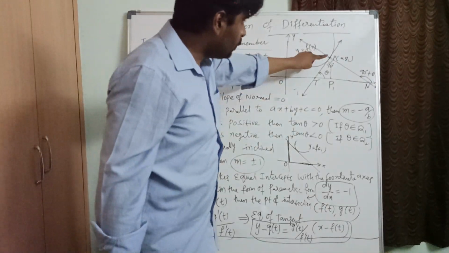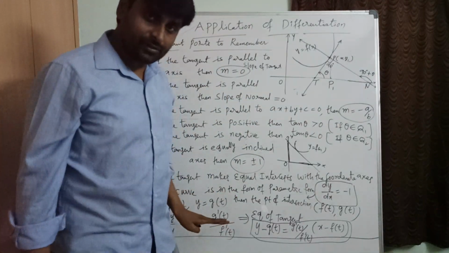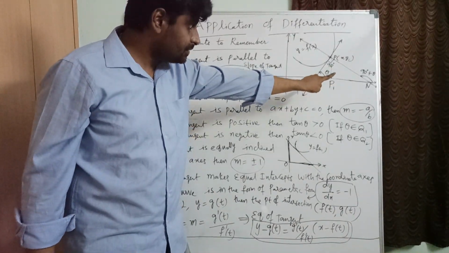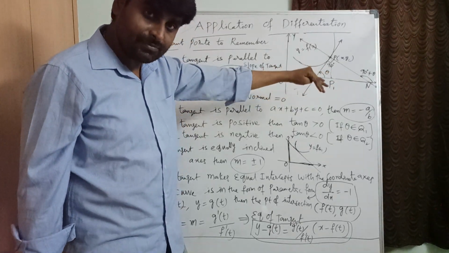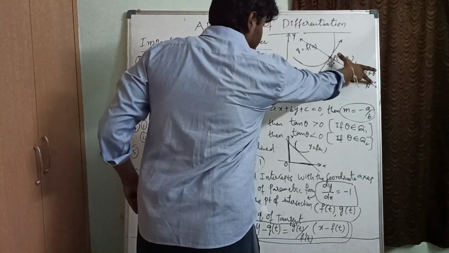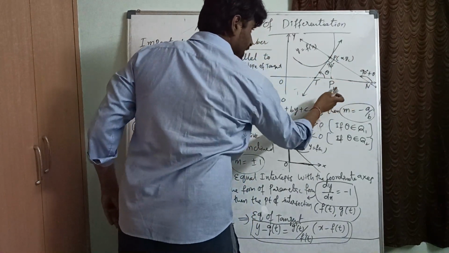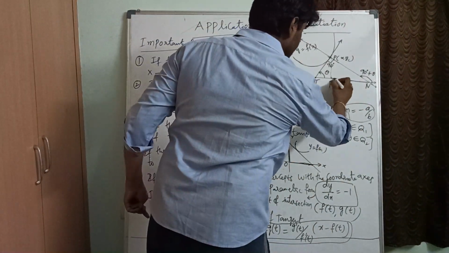Similarly, what is the length of normal? PN is the length of normal, from the point of contact to the point of intersection of the normal with the x-axis. What is the length of subnormal? Its projection. This is the normal, its projection is this one. So NP1 or P1N is the length of subnormal.